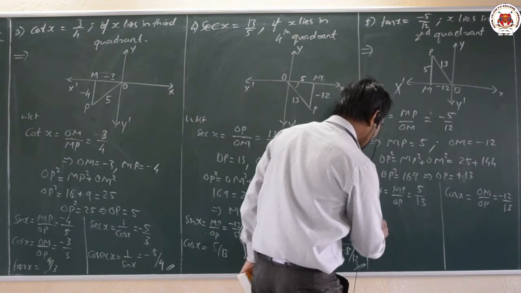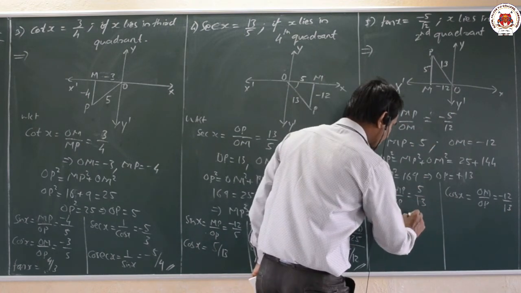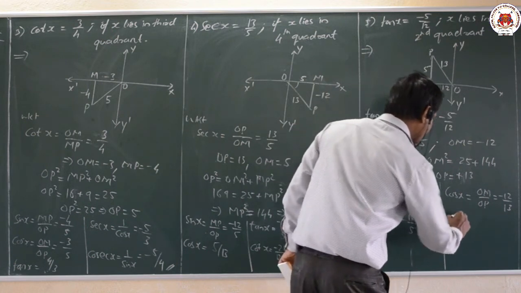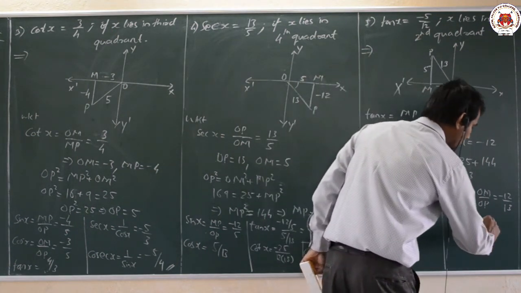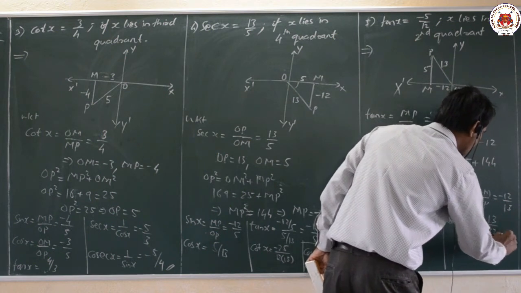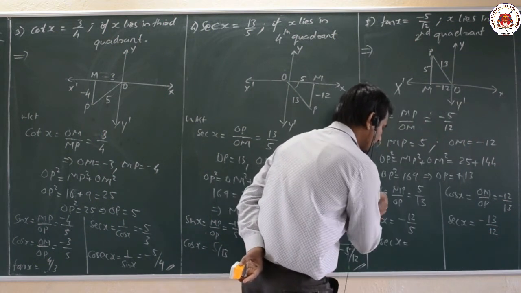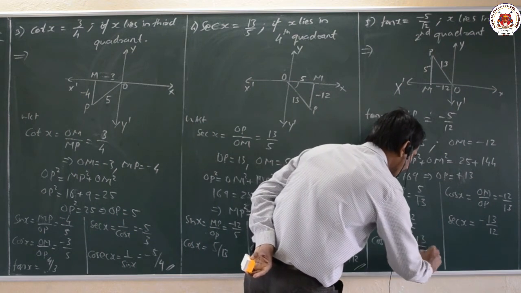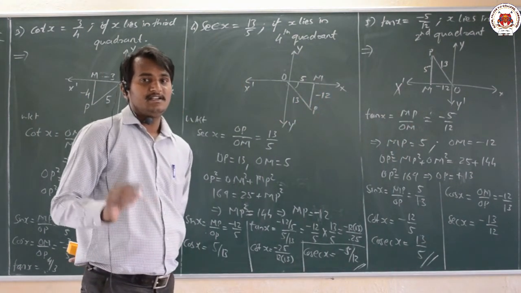Then tan x, then cot x, the reverse of it, that is minus 12 by 5. Then secant x means 1 by cos, that is minus 13 by 12. Then at last cosecant x equal to 1 by sine, that is 13 by 5. That is your required result.